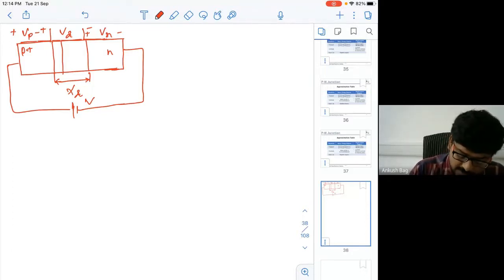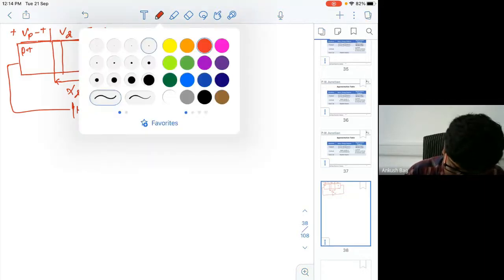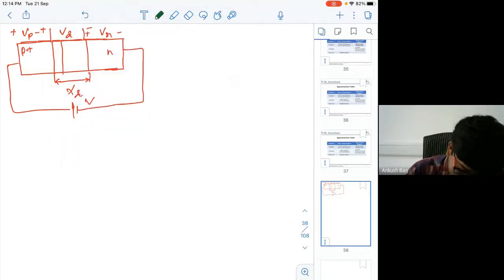So then we have these 3 regions. This region, as you know, is called the depletion region or space charge region, and these 2 regions are called quasi-neutral regions.